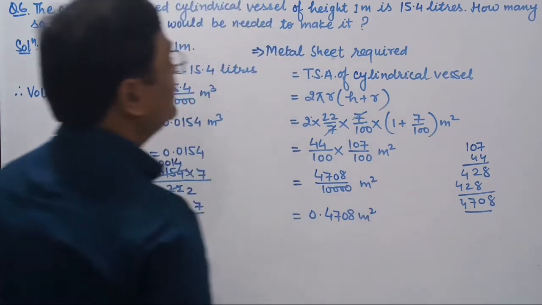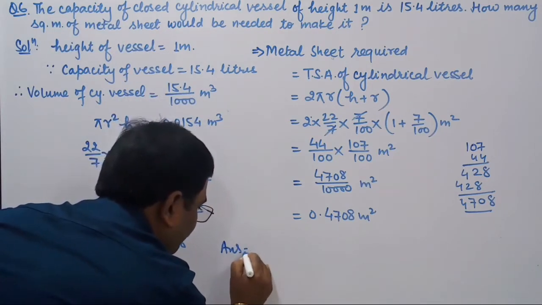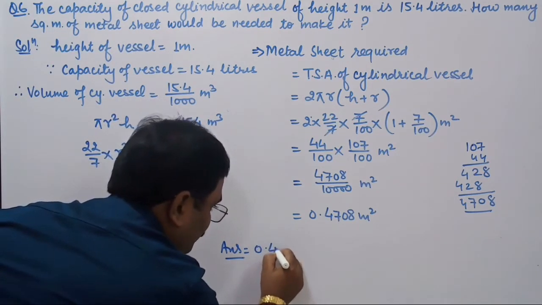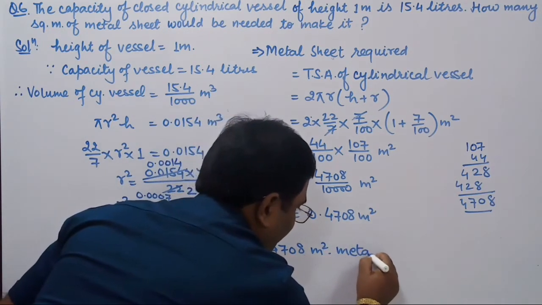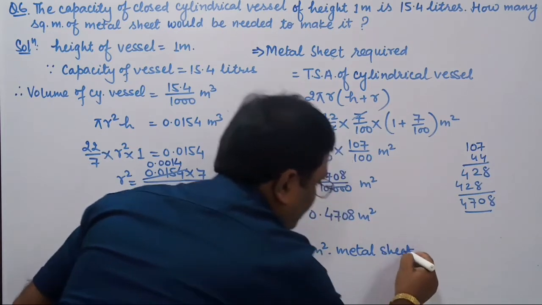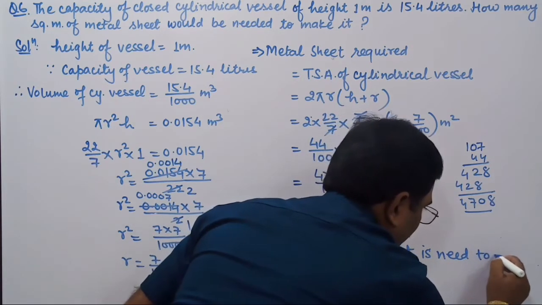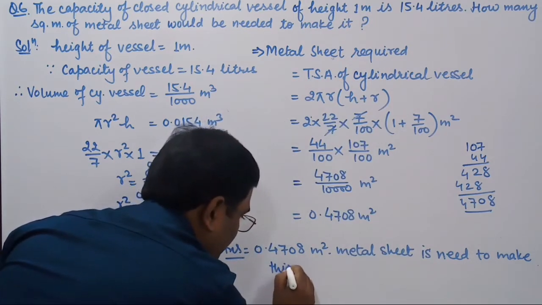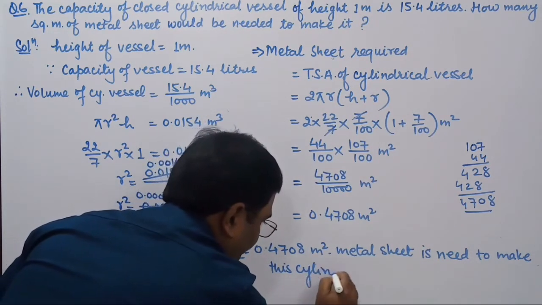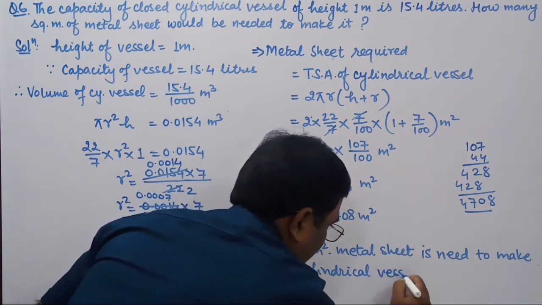Therefore, the answer to this question is that 0.4708 meter square of metal sheet is needed to make this cylindrical vessel. Right, friends?